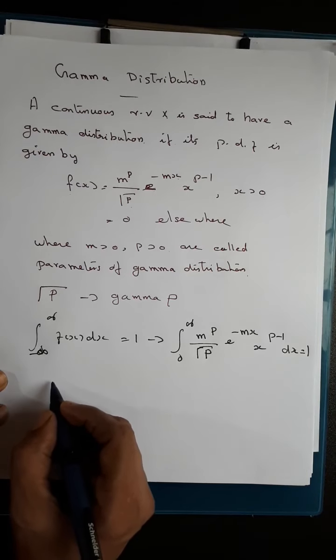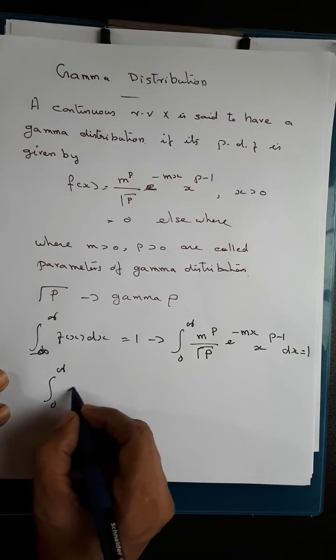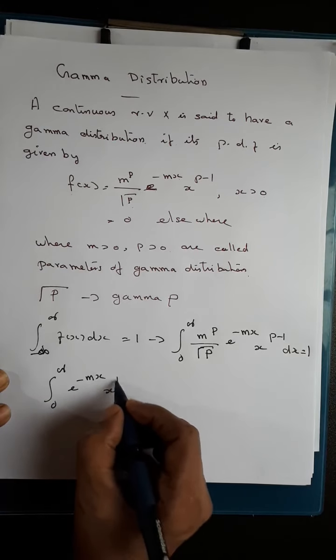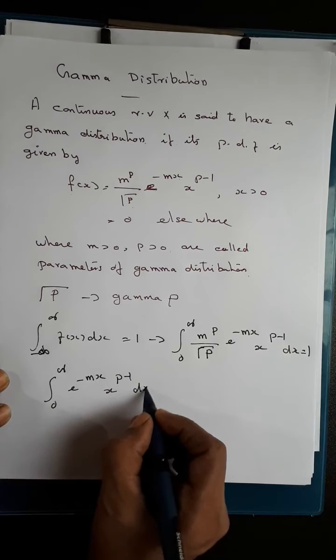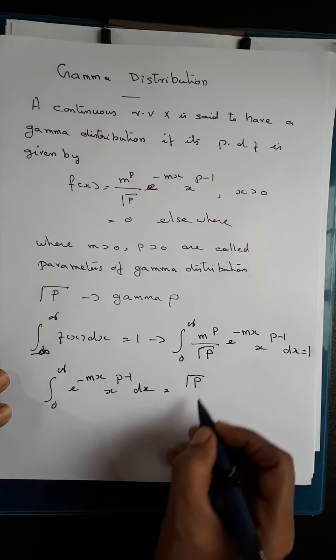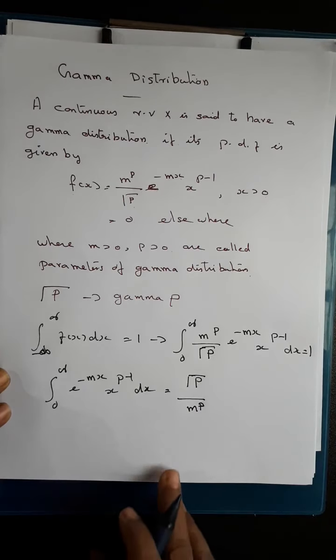Therefore, integral 0 to infinity e raised to minus mx x raised to p minus 1 dx is equal to gamma p divided by m raised to p.